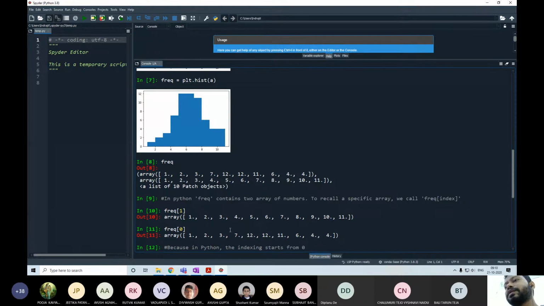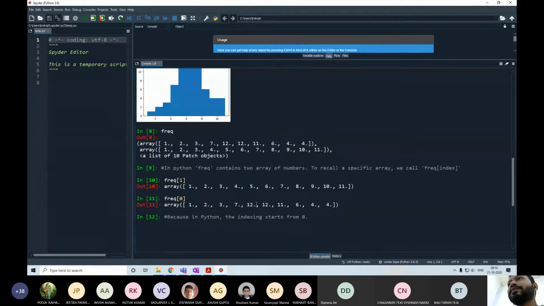Indexing starts from 0. So when you call the 0th element of an array, you get actually the first element, and 1 is the second element, and so on. Anyway, the point is that you see this frequency 1, which is the second array.